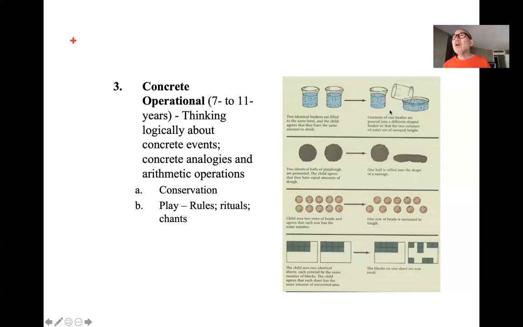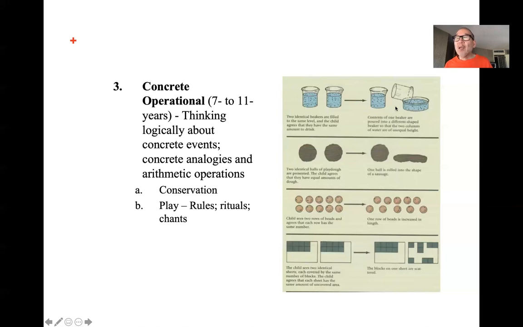A child who has not developed the idea of conservation might be inclined to say that there were equal amounts of water, but now there's more water here. And why is there more water? Because it's spread out across more of the surface area of the table.